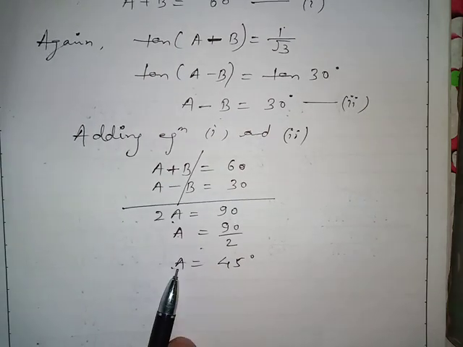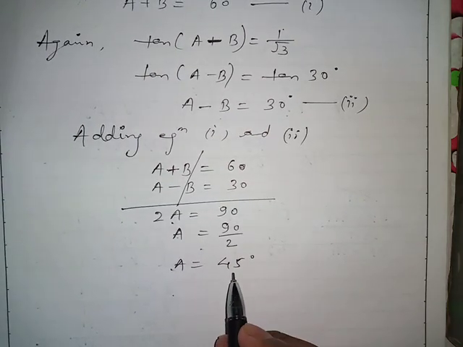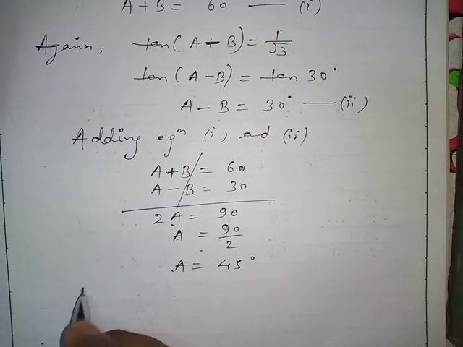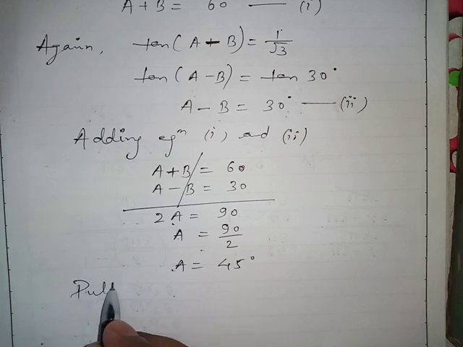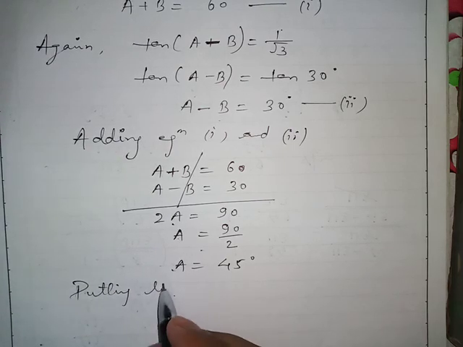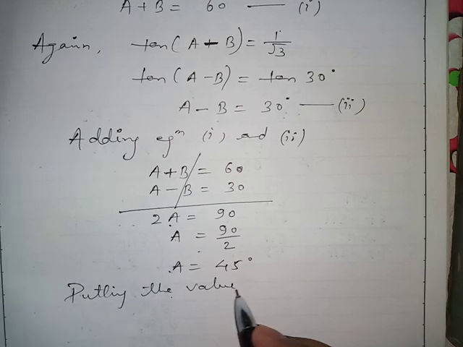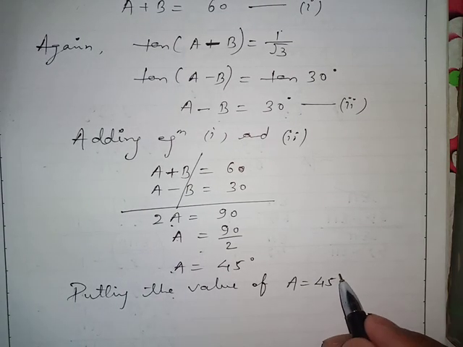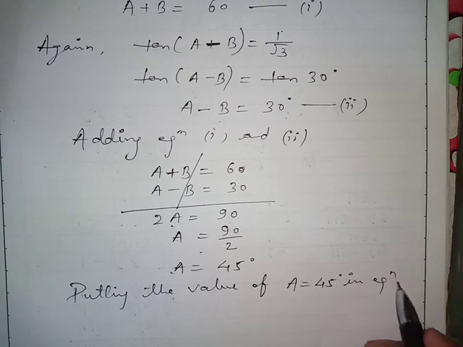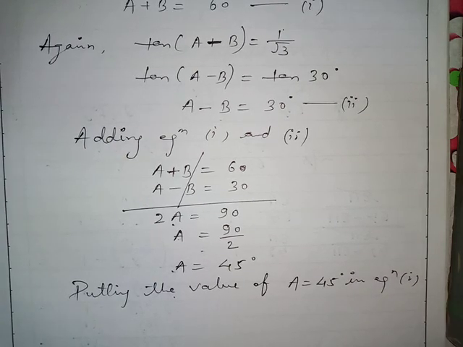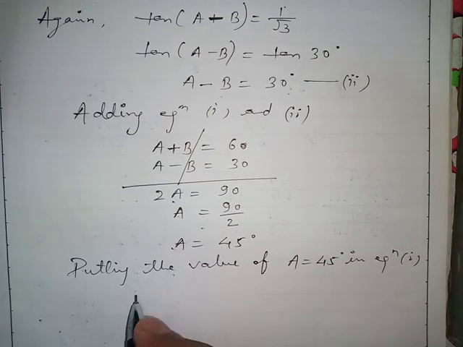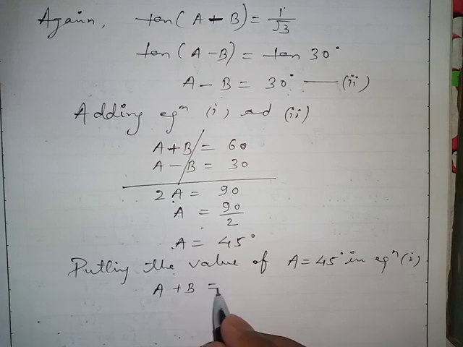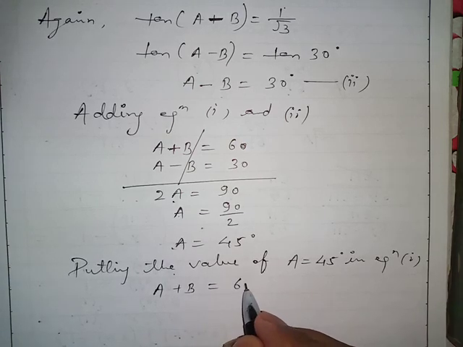Okay, so if a is 45 degree, now put this value in any of the above equations. So now write, putting the value of a is equal to 45 in equation first. Okay, in any of the above equations you can put this. So the first equation is what? a plus b is equal to 60 degree.